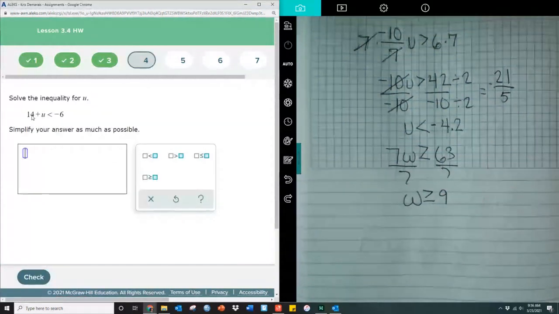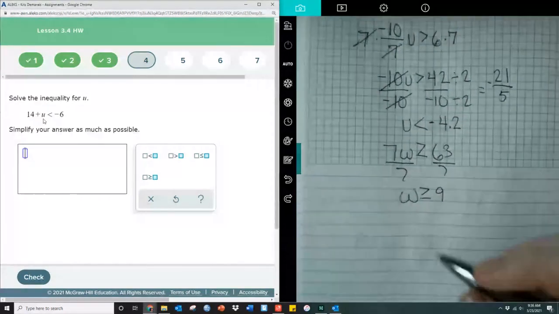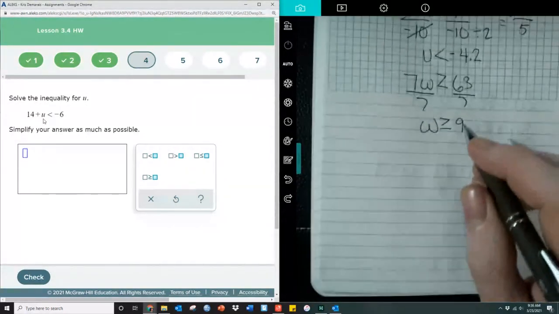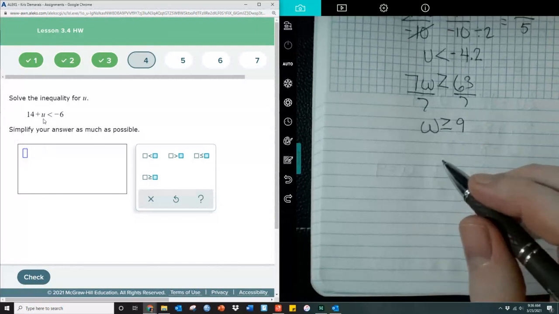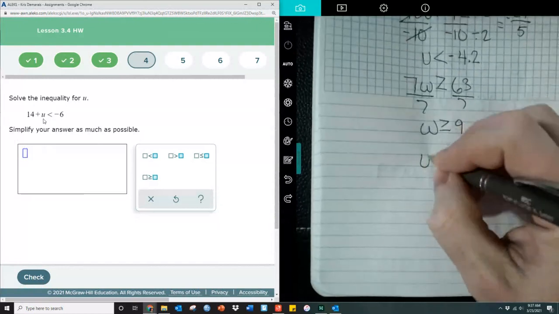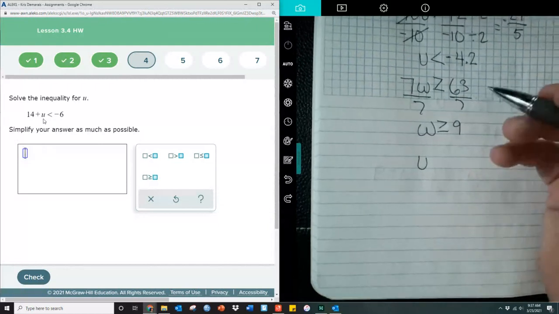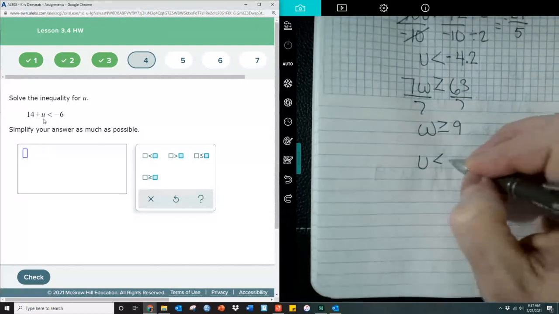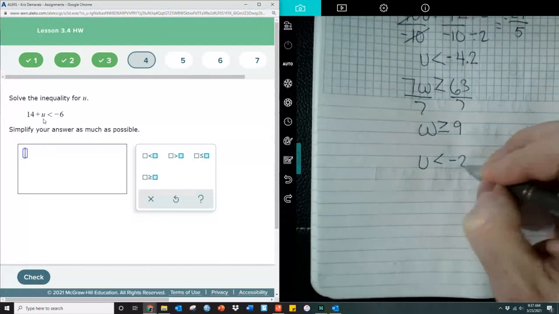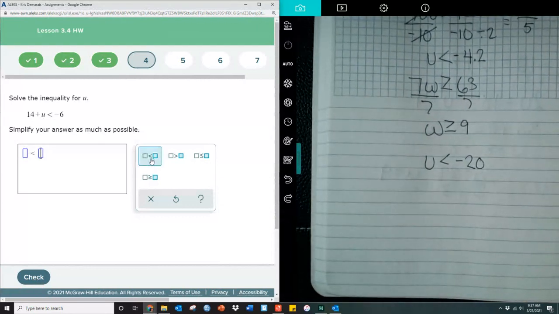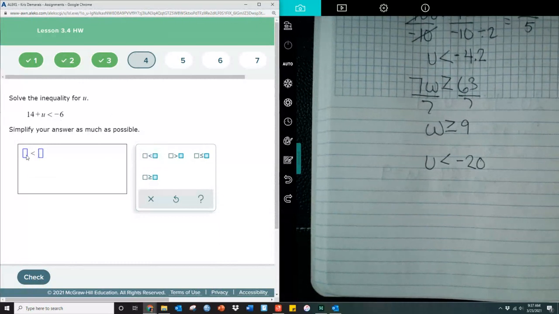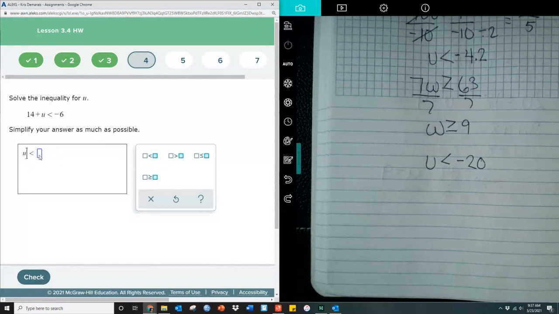Then I'm going to do what we did the week before. We subtract 14 from both sides here. Subtracting 14 from -6 gives us -20. Notice how I do not switch the inequality symbol. I just leave it as it is when I'm subtracting or adding to both sides.